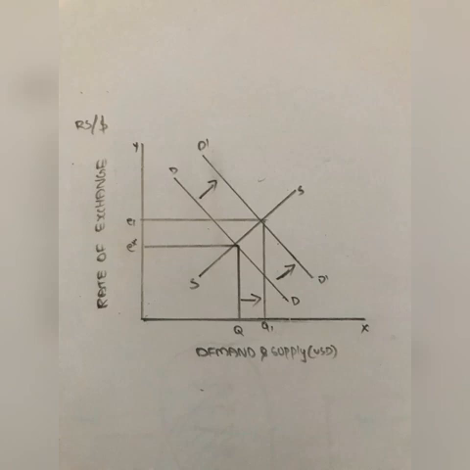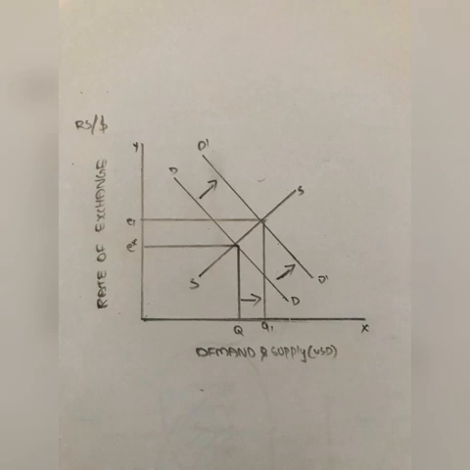Okay, we can discuss through a diagram. Here Q and Q1 is the quantity. Now there has been more demand for the USD, so you can see there is a rightward shift on the x-axis. Supply remains constant, so there is no other line which you can see, but the demand has increased from D to D1.